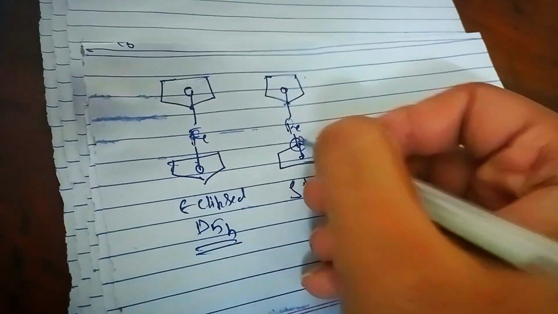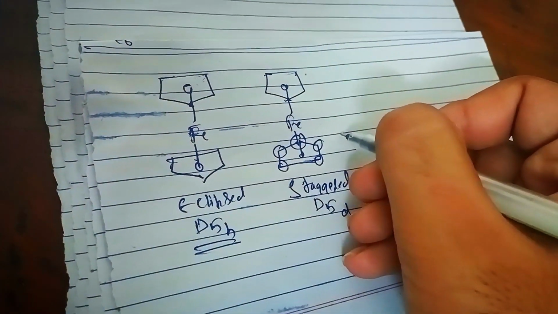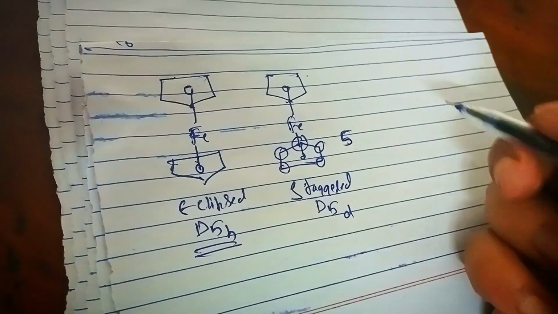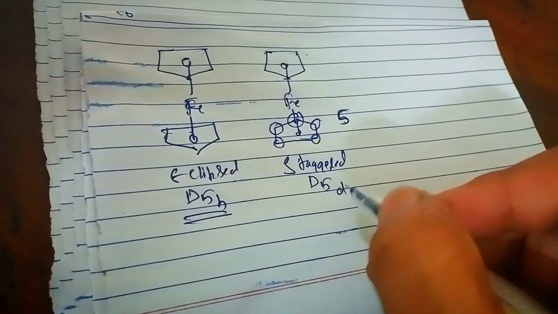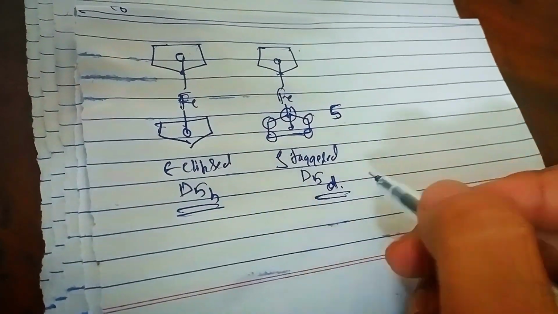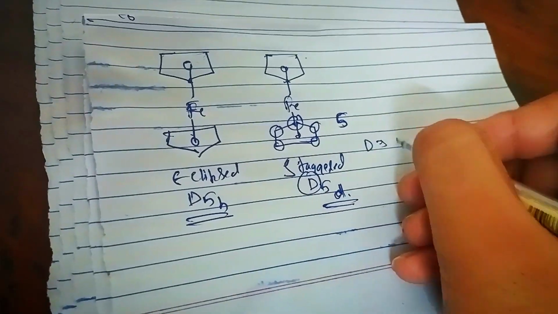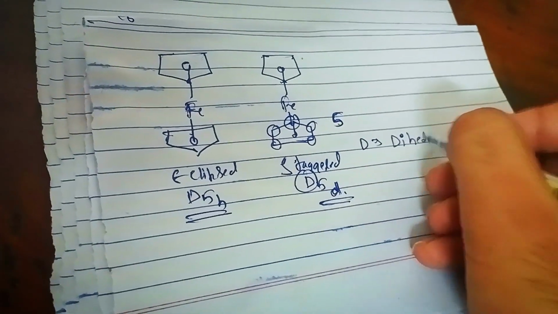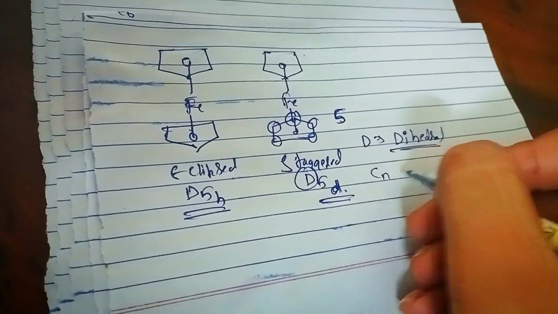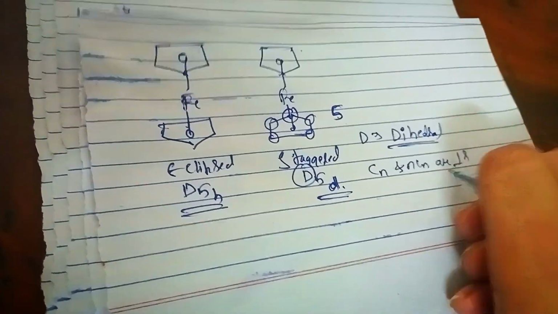Since there are 5 groups, it has the 5 symmetrical operations. Hence, it will be the D. This d is also called a dihedral plane, because here Cn and nC2 are perpendicular to each other.